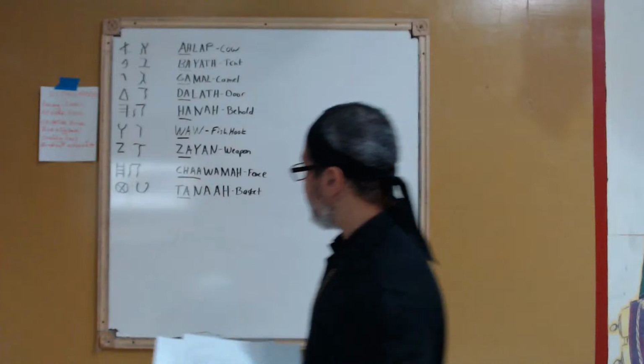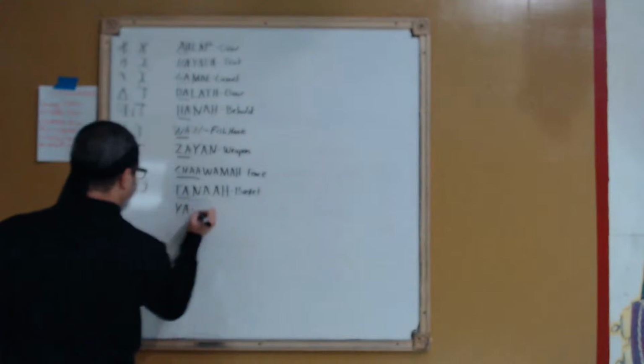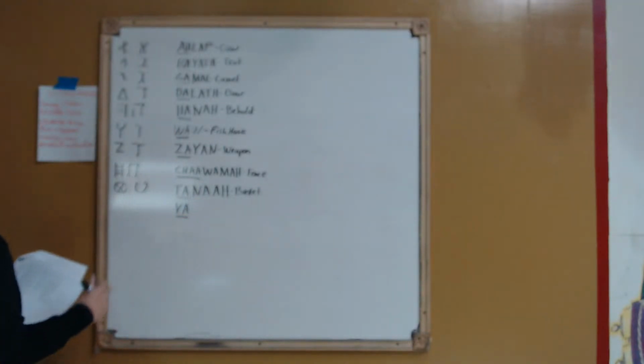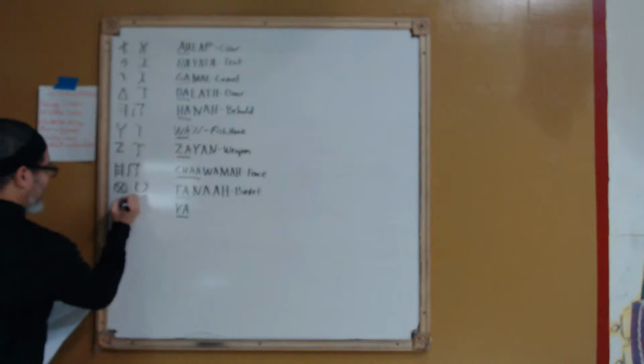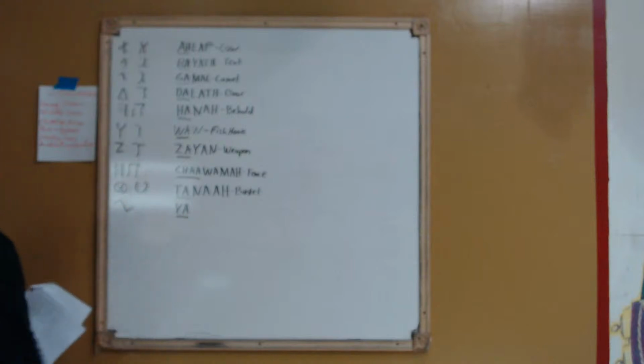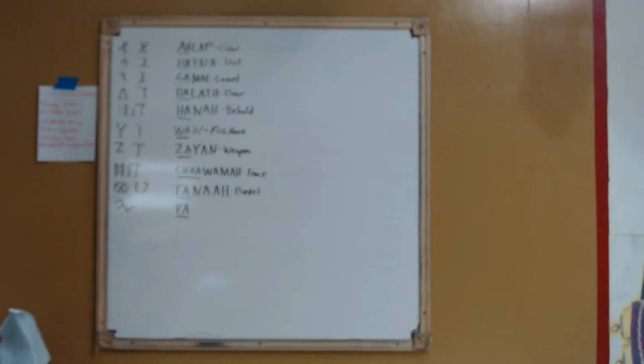Next, we have the ya sound, which is Y-A. The ya sound. And this is a sideways Z, and then you add an extra. So that's what the yod is.